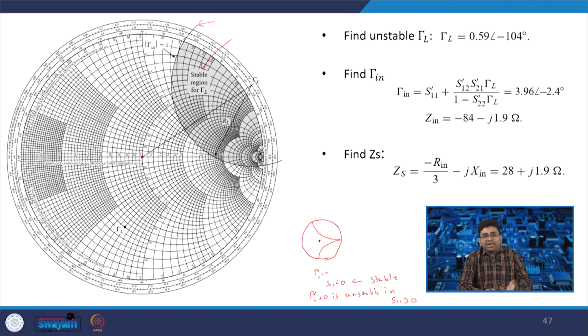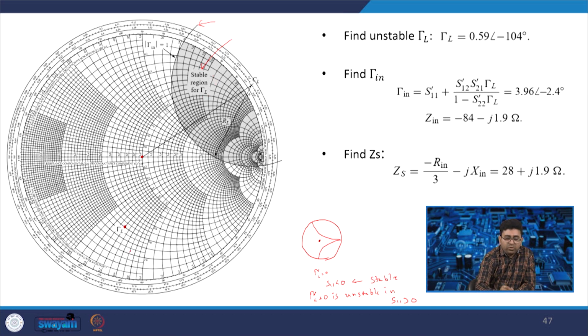We are not designing an amplifier, we are designing an oscillator. So, when we try to find the reflection coefficient for the load, you need to keep the point in the unstable region. Here the point has been chosen far from the stable region.